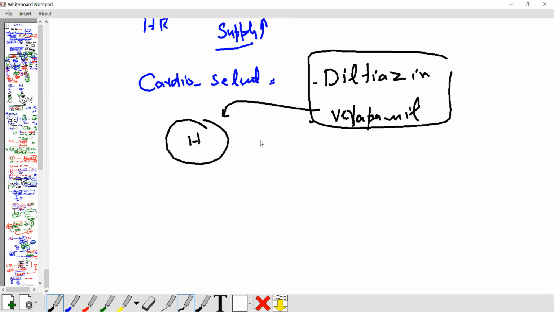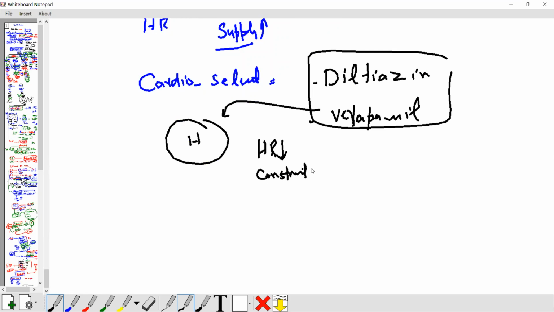So they decrease the heart rate because they decrease the conductive property of the heart. They decrease SA node firing and AV node firing, and they also decrease force of contraction.